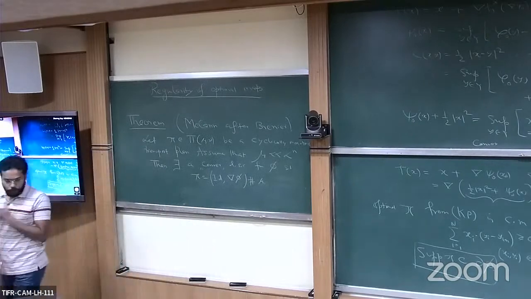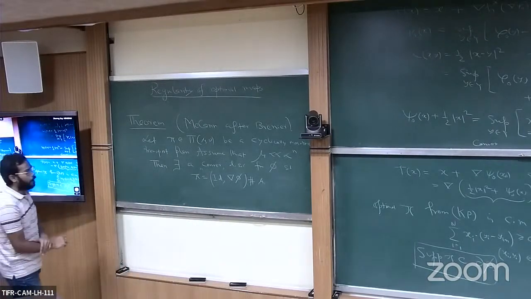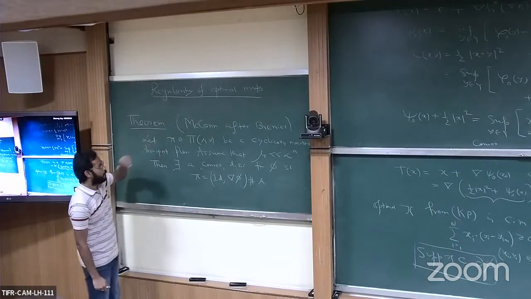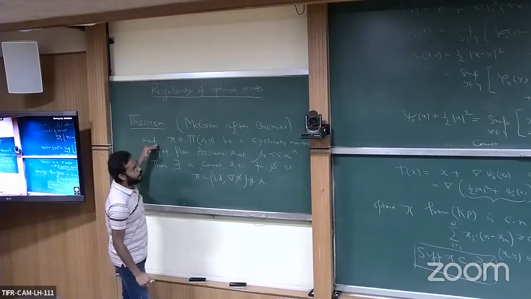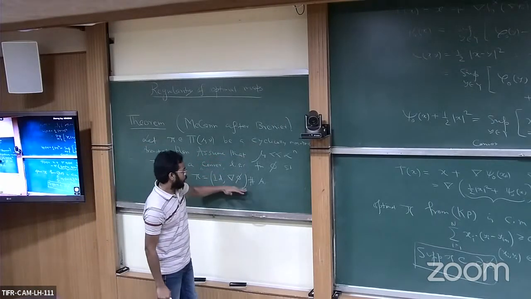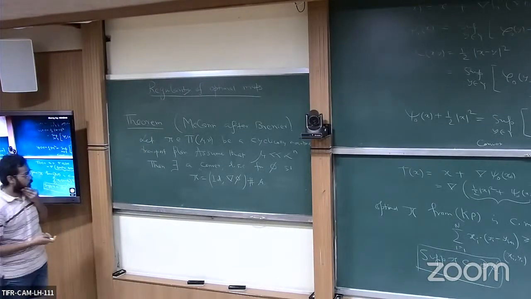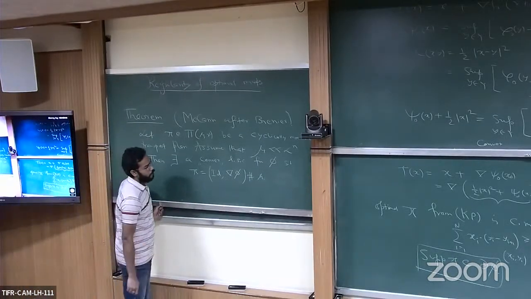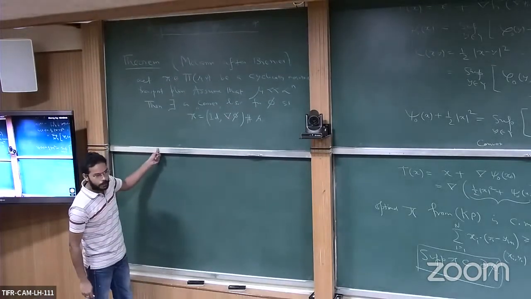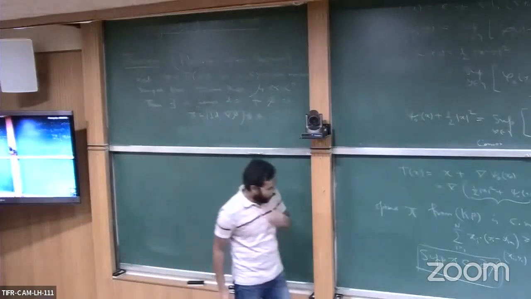You see, there is no mention of any optimality. All my statement is basically that a cyclically monotone transport plan is induced by a map, provided the initial measure is absolutely continuous.